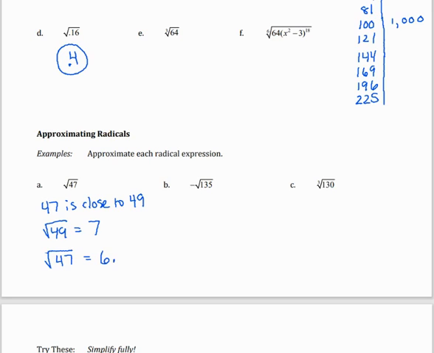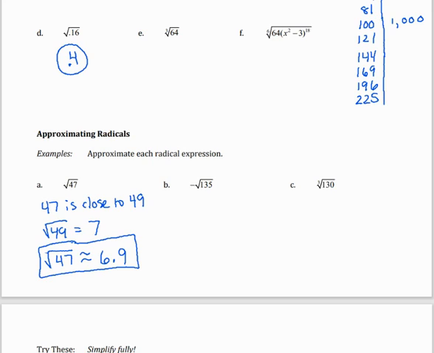So something like 6.8 or 6.9 would be the best approximation. And what I should do is, instead of an equal sign, use my approximation symbol. So I'm going to say the square root of 47 is approximately 6.9. Now, if I was to actually do the square root of 47 on a calculator, we get 6.85. So there you have it, close to 6.9.